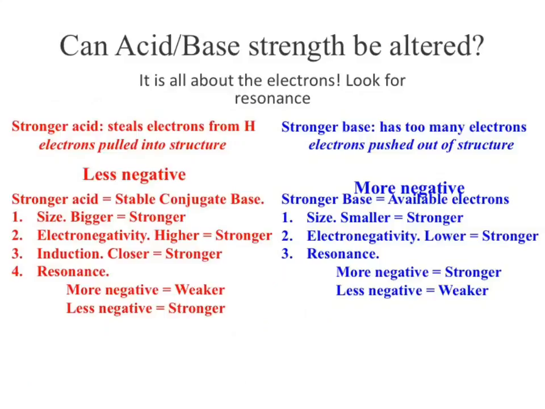Now that I have electrons to look at, where can those electrons go? If it's a strong acid, where do the electrons go? They have to go into the structure. If the electrons go to the proton, now we're forming a much stronger bond. We can't break that bond. If the bond never breaks, it can't be an acid.